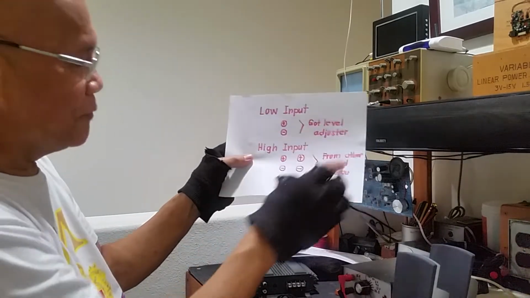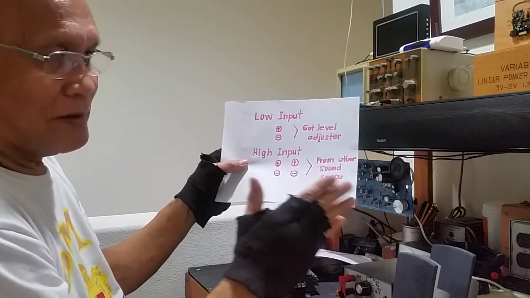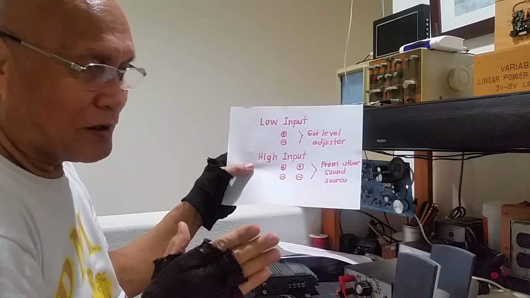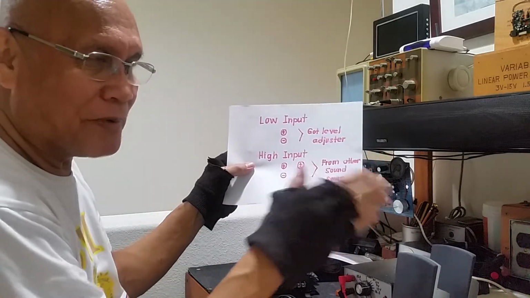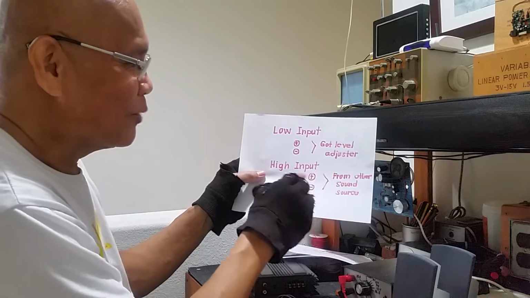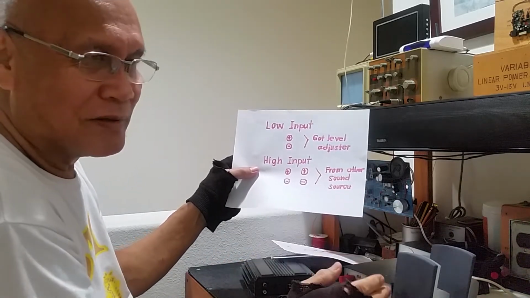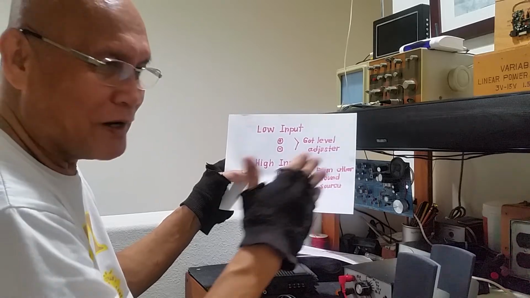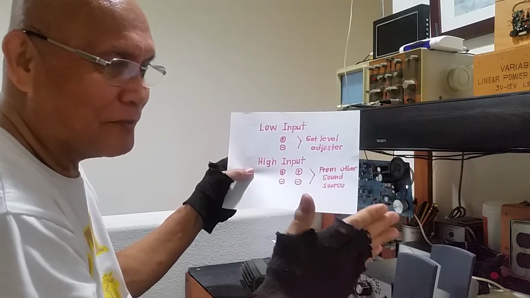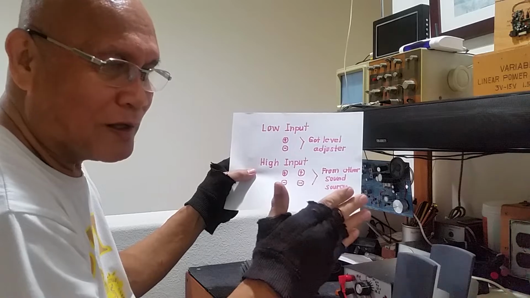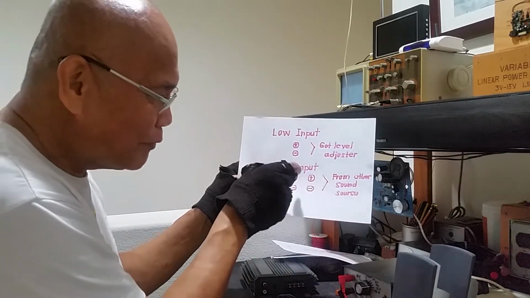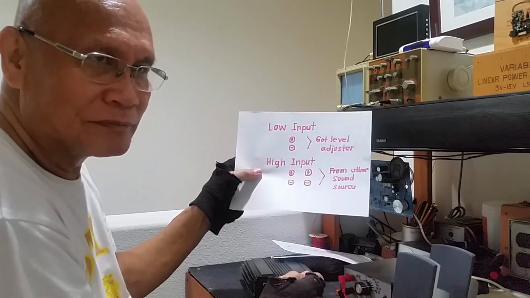For the high input, the sound you're bringing into the amplifier is a little bit high, that's why it's high input. It could be sound from other sound sources, maybe from some other stereo. If you want to make it louder, you could put it on the high input.